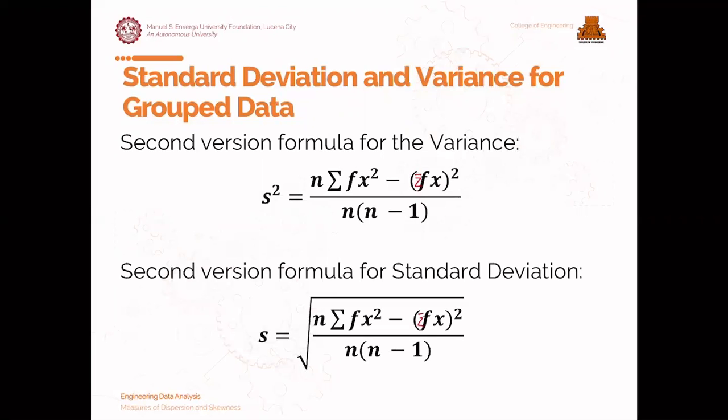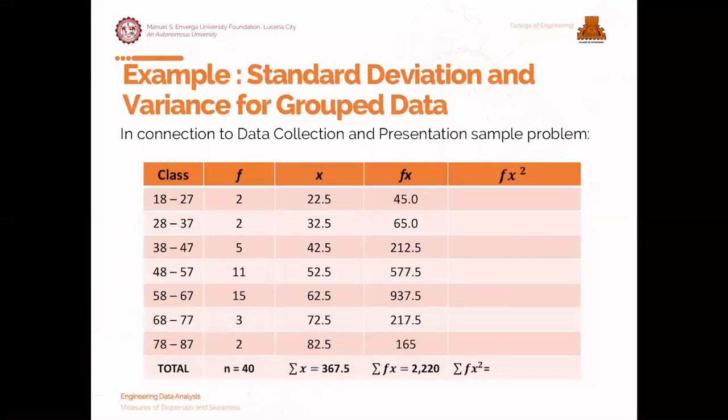Pero kagandahan sa second version, we don't need to compute yung mean natin na mina-minus natin dun sa midpoint natin. No? So, yung table natin is mas lesser yung columns natin. Makikita nyo, pwede natin siyang ma-solve in 5 columns lang. Unlike the other one, we are using 7 columns para ma-solve siya.